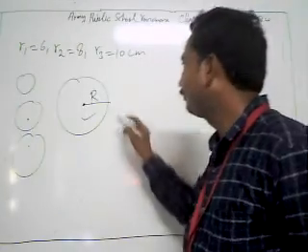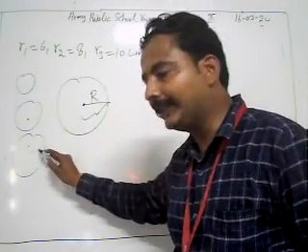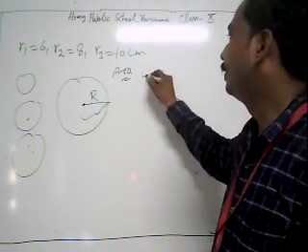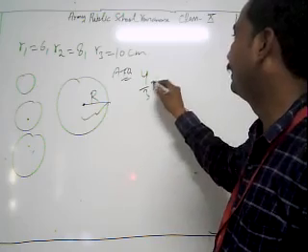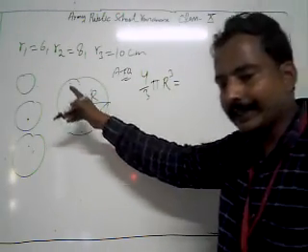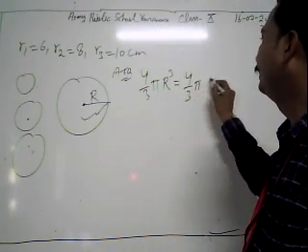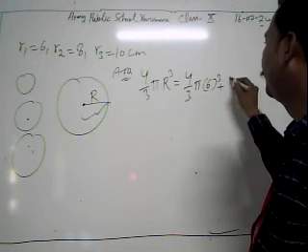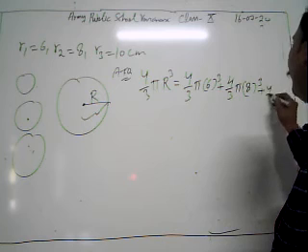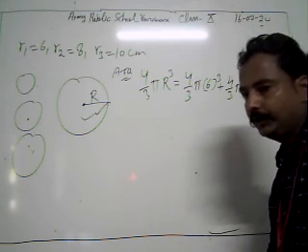Look, the volume of this sphere is equal to the sum of the volumes of these three spheres. According to the question, the volume of this sphere, 4 by 3 pi r cube, is equal to the sum of the volumes of the spheres having radii 6, 8, and 10: 4 by 3 pi 6 cube plus 4 by 3 pi 8 cube plus 4 by 3 pi 10 cube.